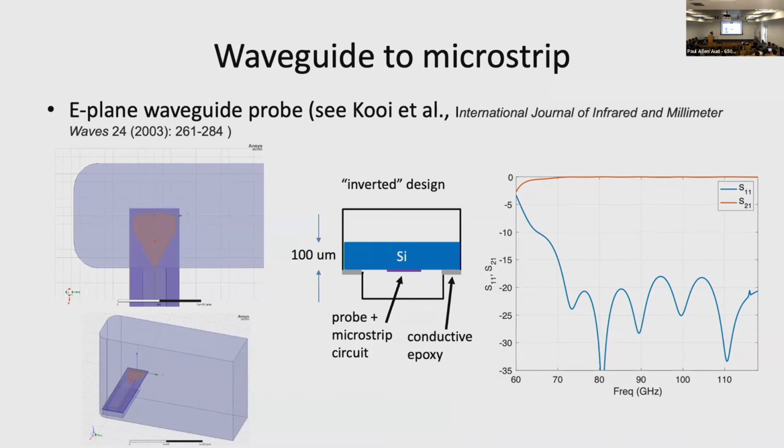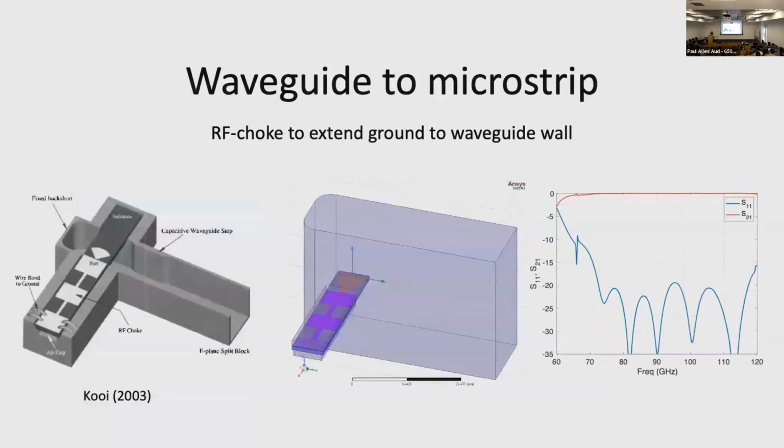For the work that we've been doing, we've changed the traditional design a bit, and we're using this inverted design where we place the device side of the silicon chip face down in the channel between the waveguides in order to try to make a better ground connection. But it's also possible to do that using more standard techniques.